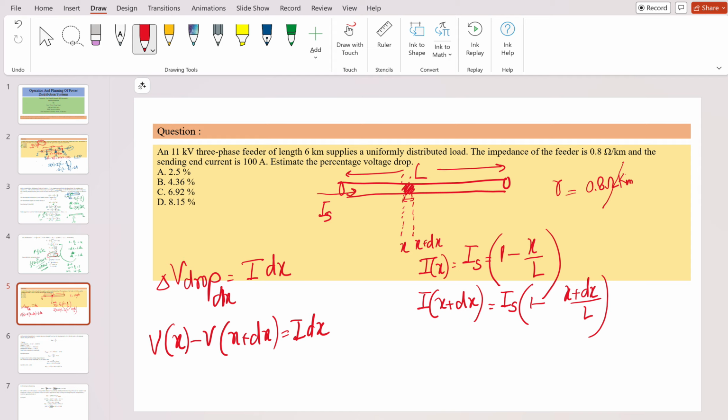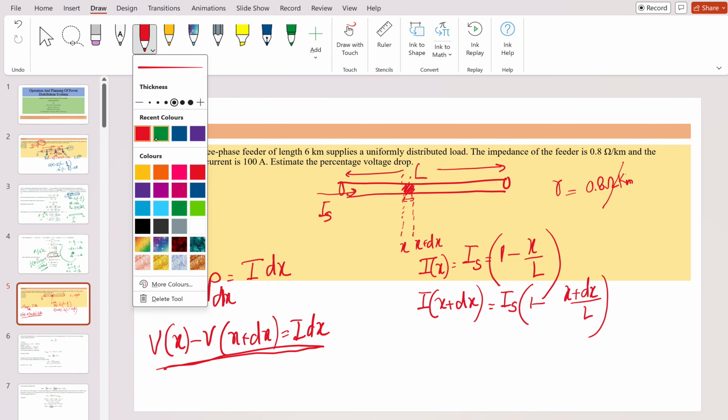Let's take the difference of this. This is the current value at a particular distance, and now let's see what the voltage drop will be in the line.